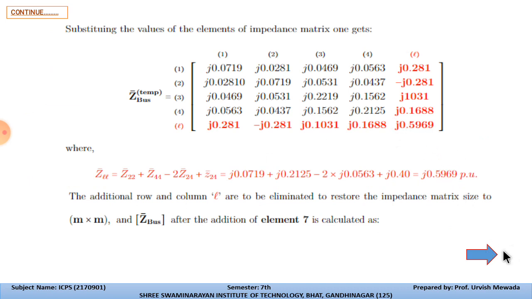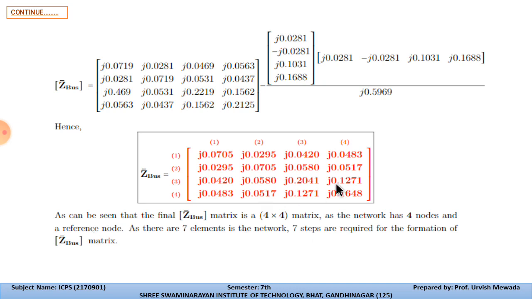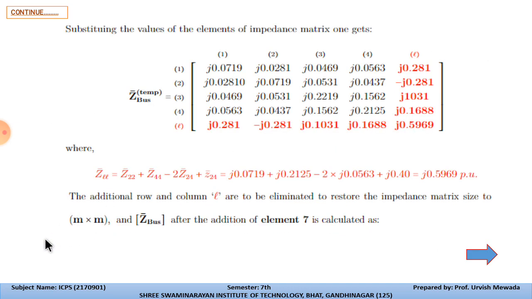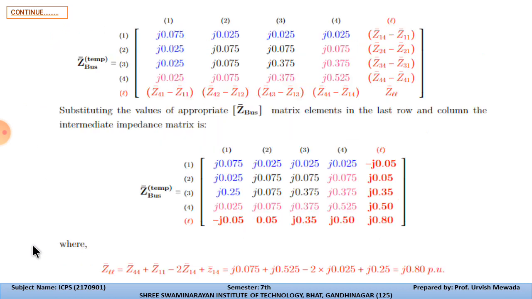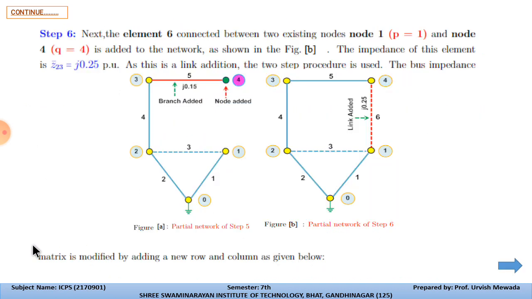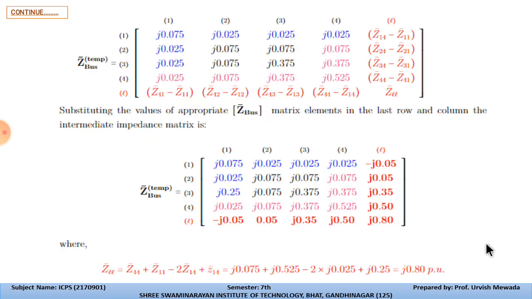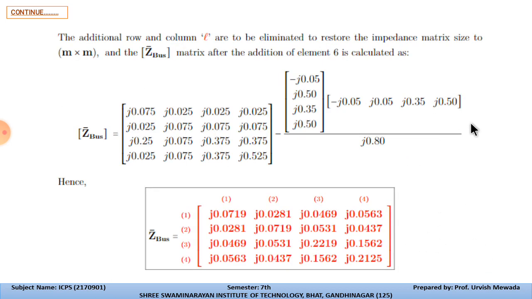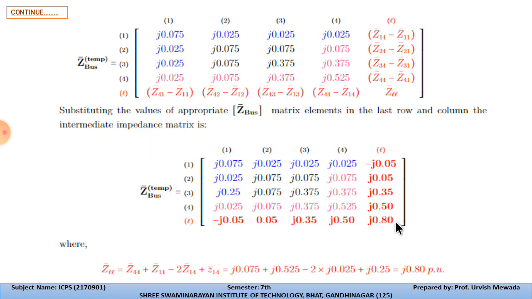Now we move to the next slide. We need to eliminate this additional line. By putting this formula, Zbus old minus Zbus new, and solving, we get the matrix up to link number 4.